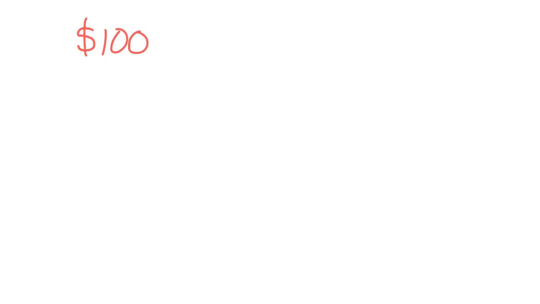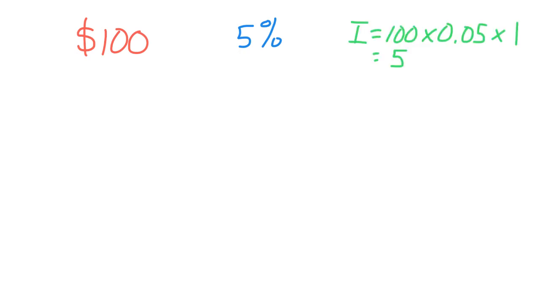Let's say Bob borrows $100 and the interest rate is 5% per year. So if Bob doesn't pay back the $100 for another year, the amount of interest will be $5. So now he owes $105.